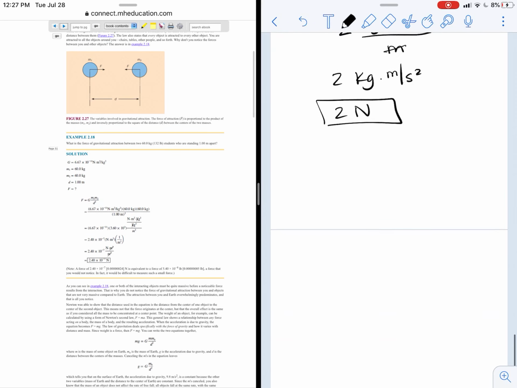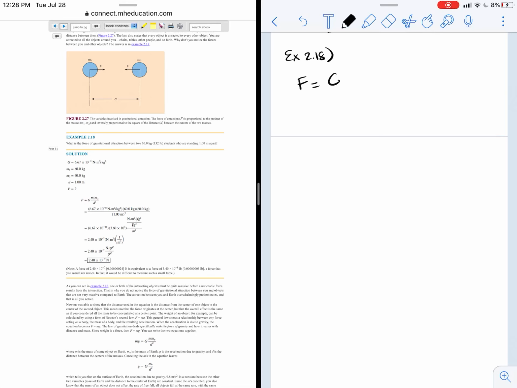Okay, so it says, what is the force of gravitational attraction between two 60 kilogram students who are standing 1 meter apart? So anytime it says something about the force of gravitational attraction, it's wanting you to use this huge equation that we did on that one slide.